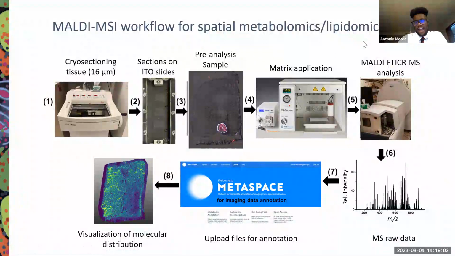And then after that, we put it into our MALDI FTICR, which is high resolution mass spec, to give us the most accurate results. We get our raw data from there and our images, and we upload that to Metaspace, which is a way for us to visualize our data, and it produces a visualization of the molecular distribution shown on the bottom left.